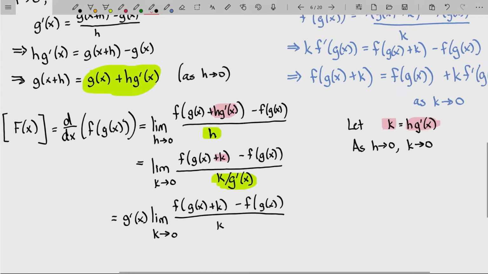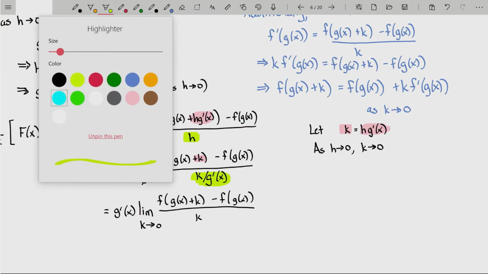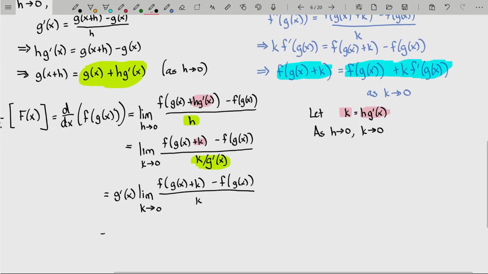But again, we had just made mention, final highlighter here, that f of g of x plus k can be rewritten as that as k goes to 0. Only as k goes to 0. So we're going to do that now. k is going to 0, so I could totally do that.